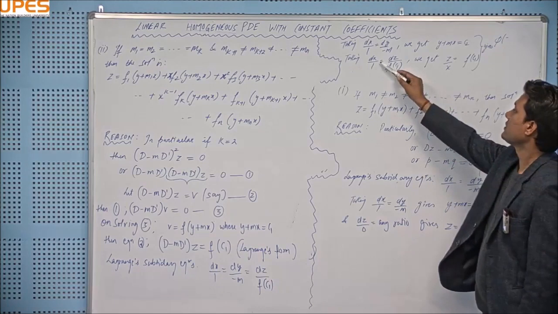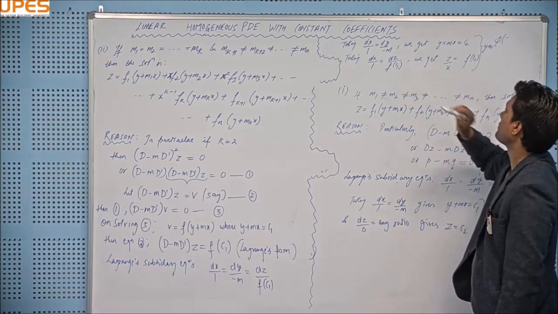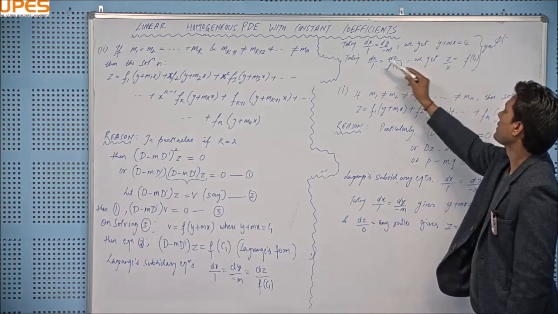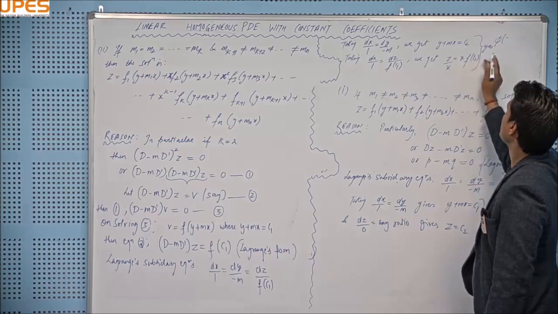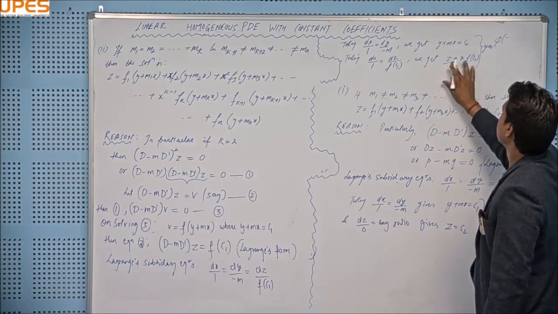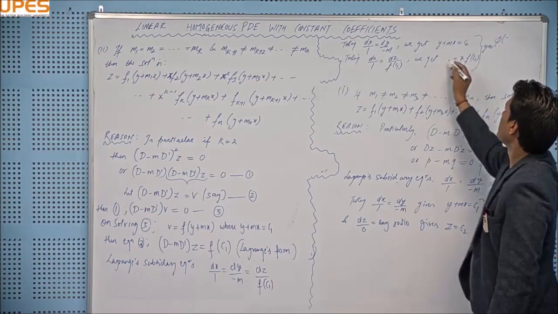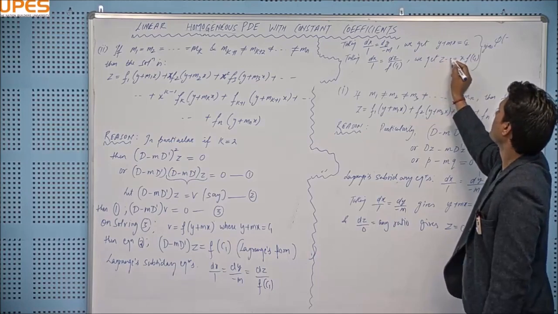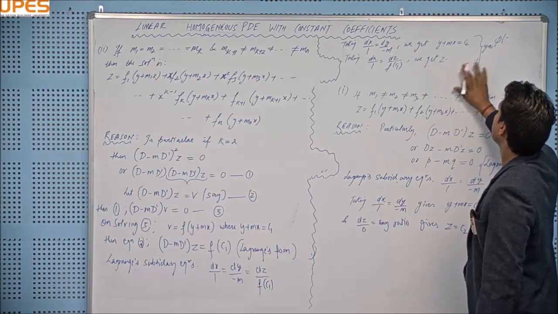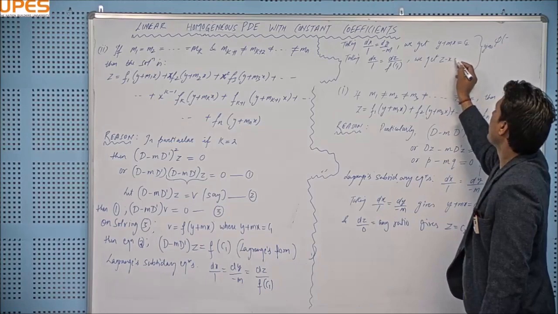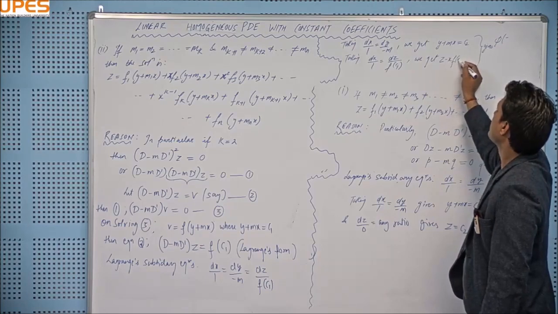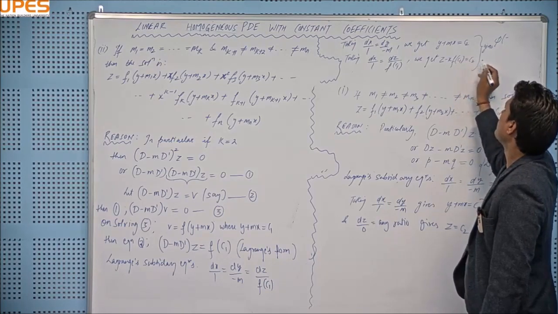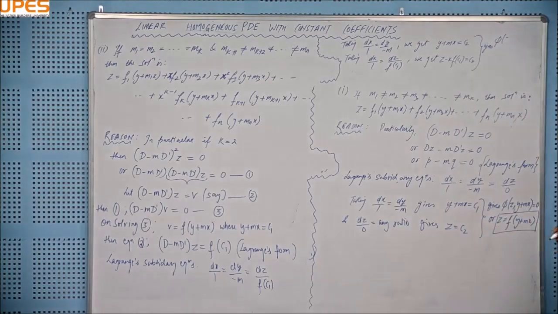If I integrate this, then I will have some new constant also. I think x f(c1) plus c2, and let me write it here: z − x f(c1) equal to c2.